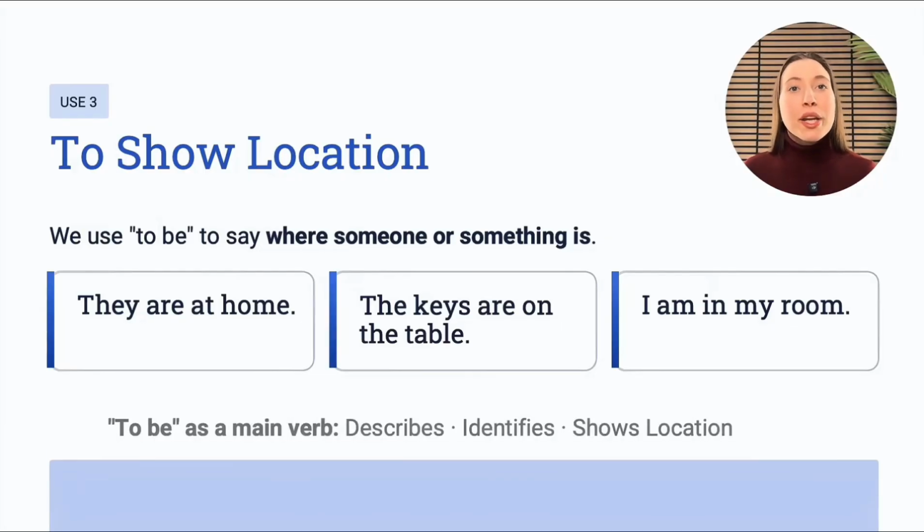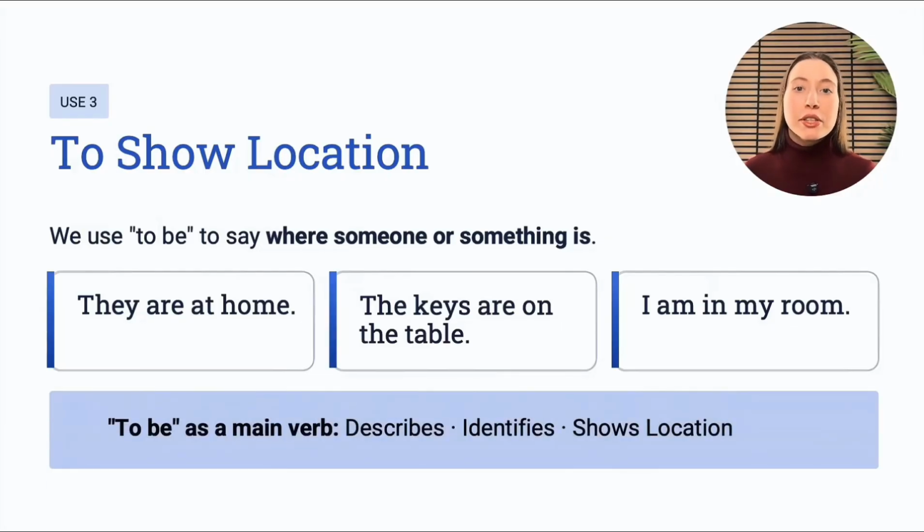So overall, we have three big uses of to be as a main verb, and these uses are to describe, to identify, and to show location. So we use the verb to be to connect the subject of the sentence to more information about the same subject. That is the first big use of the verb to be.